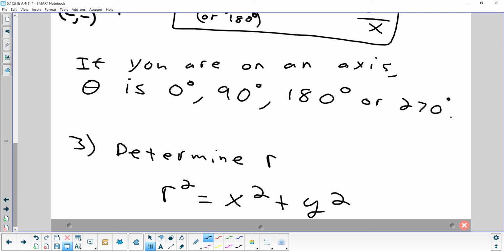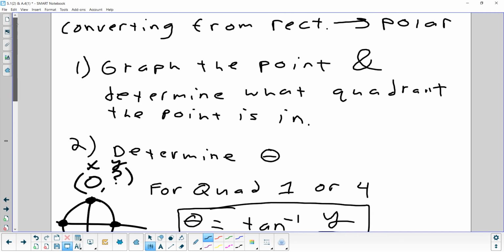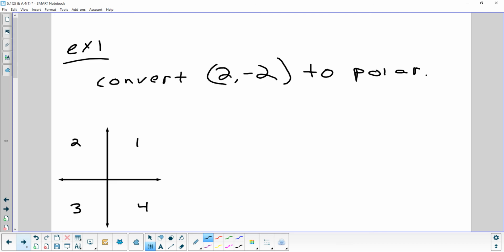Okay. So let's try a couple examples converting from rectangular to polar. So there's a rectangular coordinate.